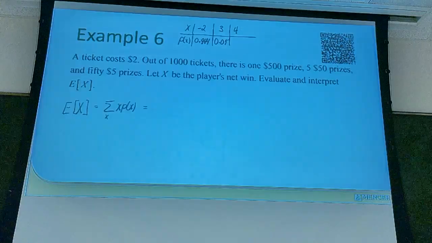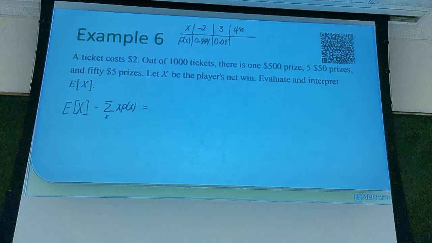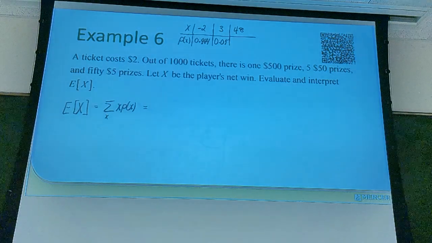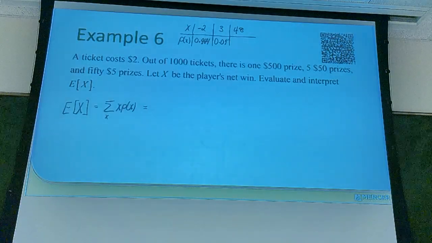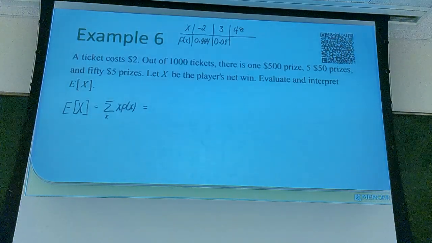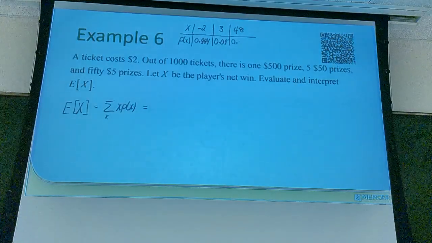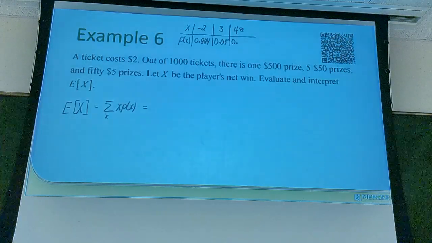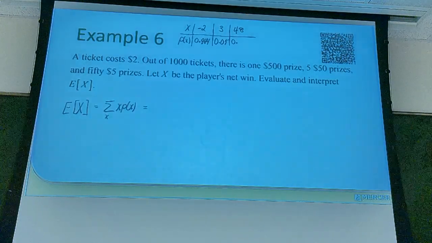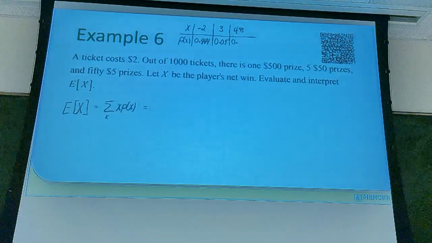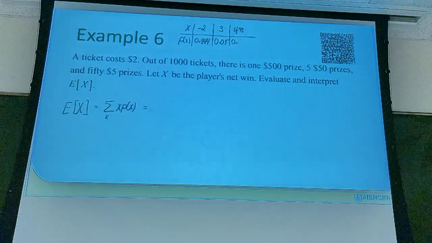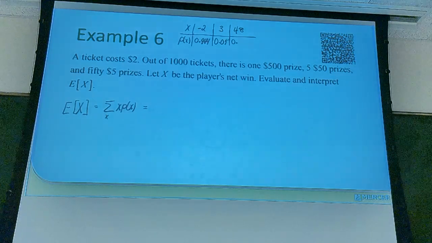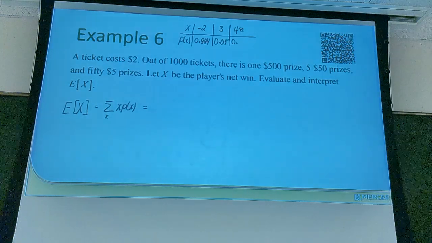With what probability? How many $50 prizes are there? 5. Out of how many total tickets? 1,000. What's 5 over 1,000? 0.005.